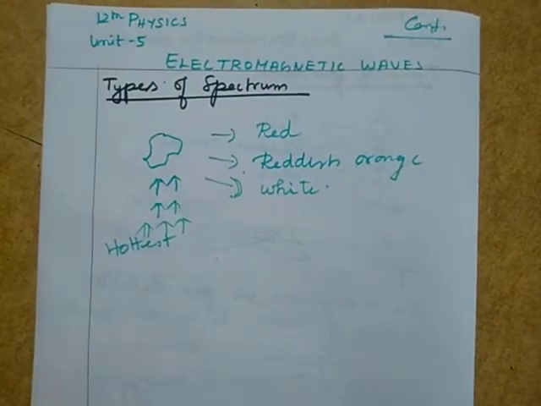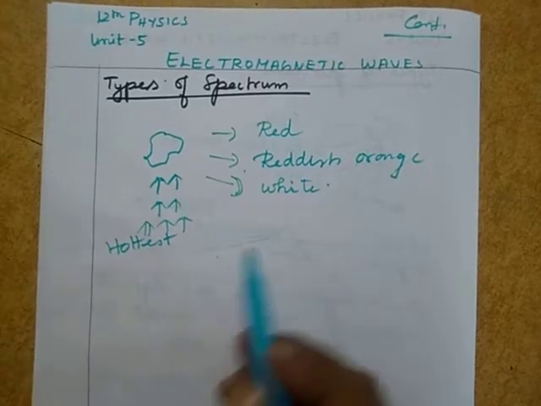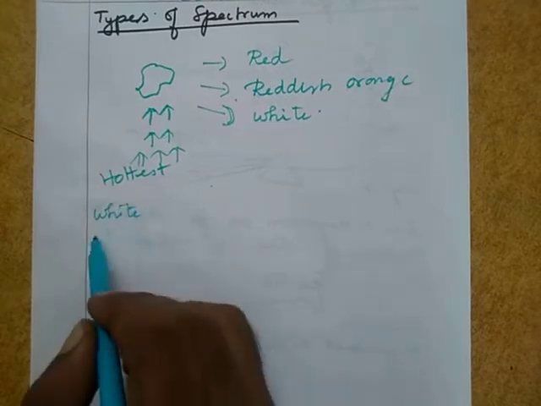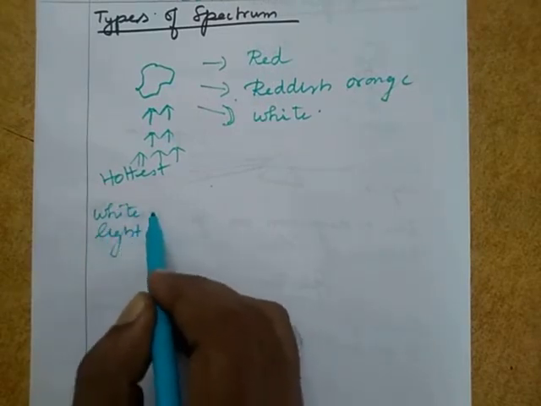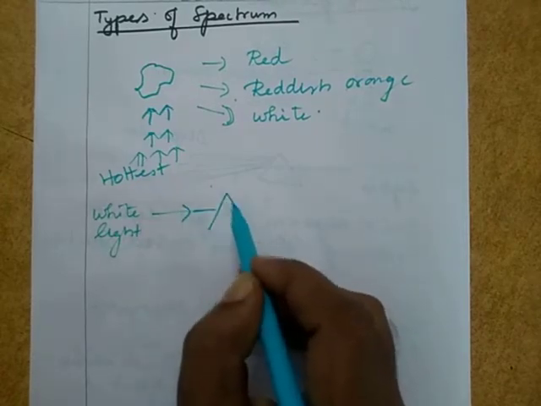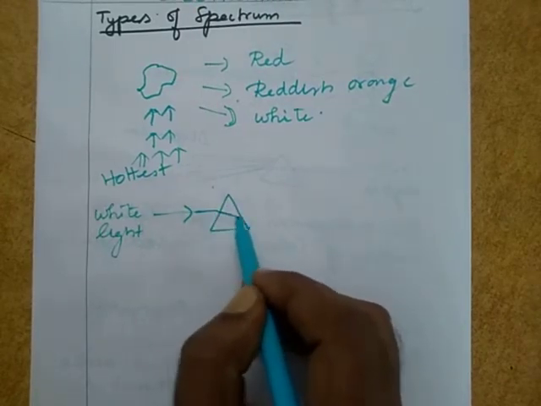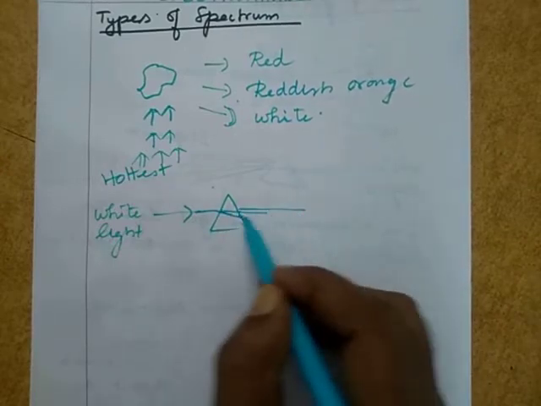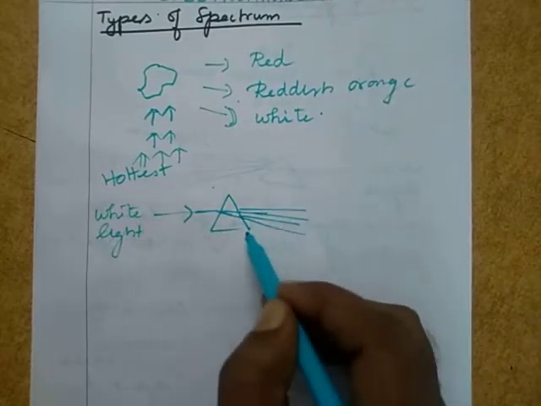If this white light is allowed to pass through a prism, it will split up into 7 constituent colors.